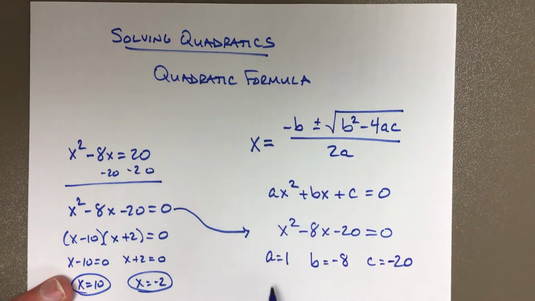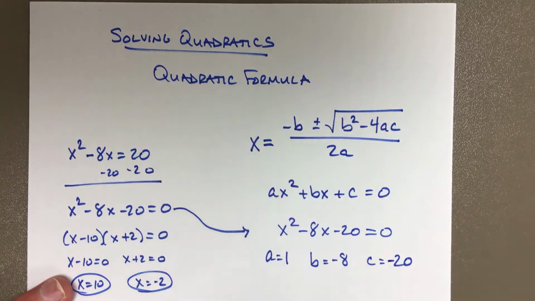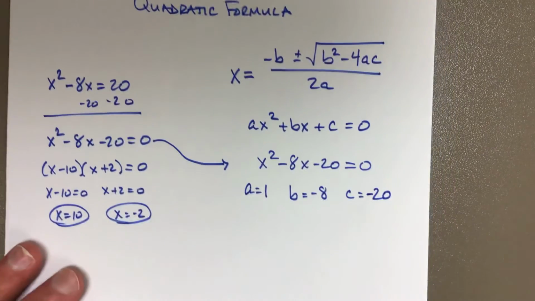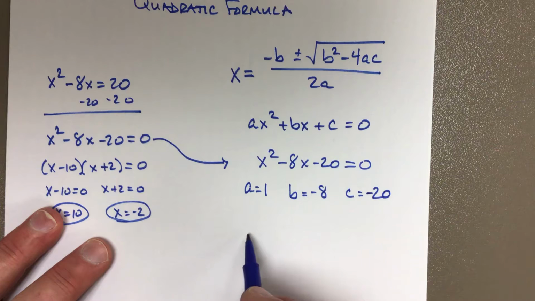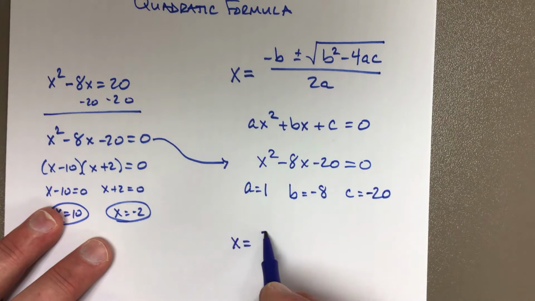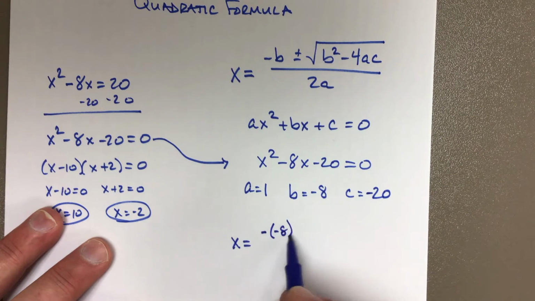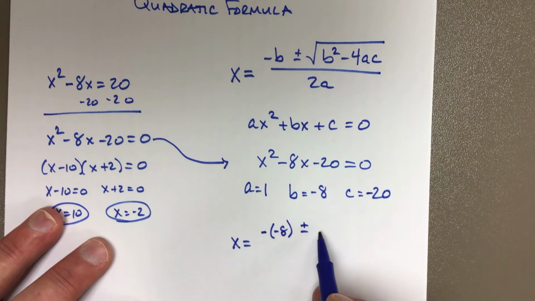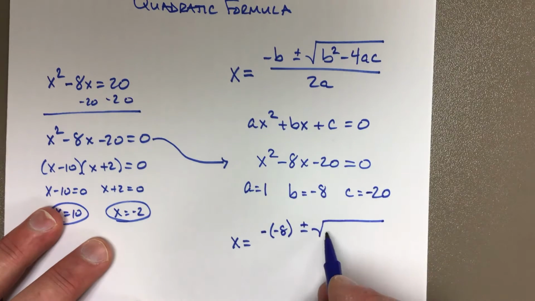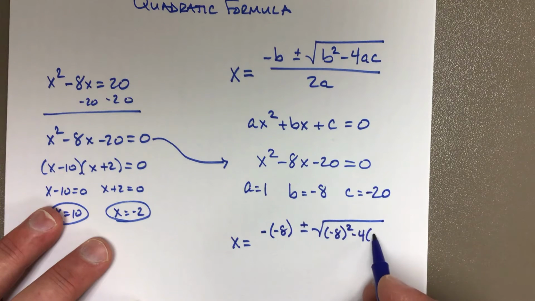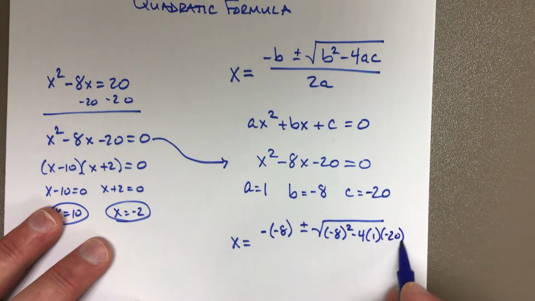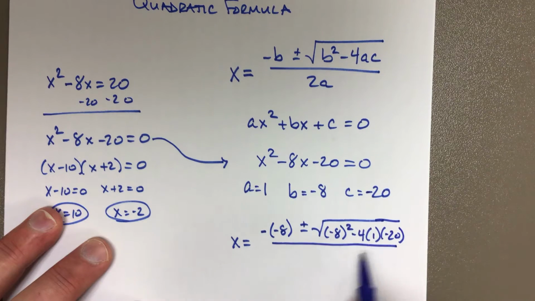Here's our formula. We take these numbers and substitute them in. The opposite of b, so let's write this down so we can see it: the opposite of negative 8, plus or minus the square root of negative 8 squared minus 4 times 1 times negative 20, all over 2 times 1.